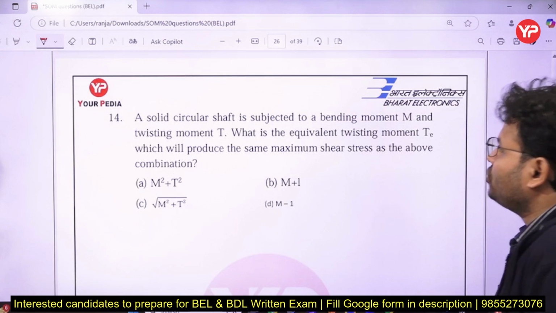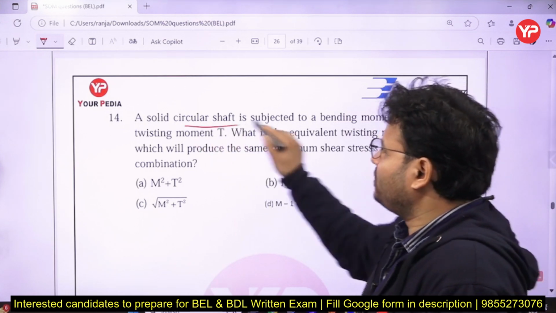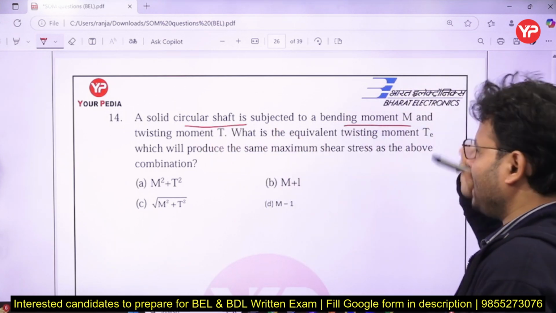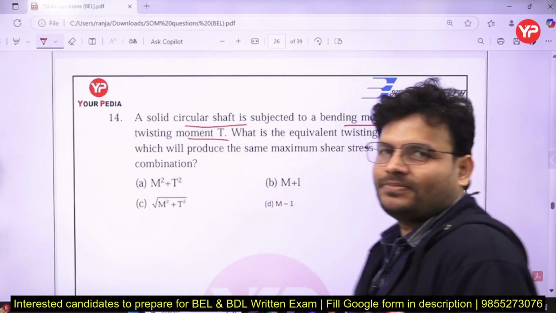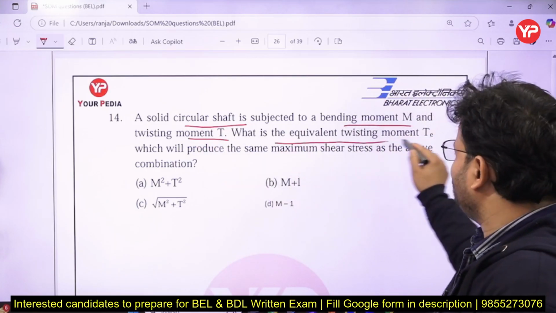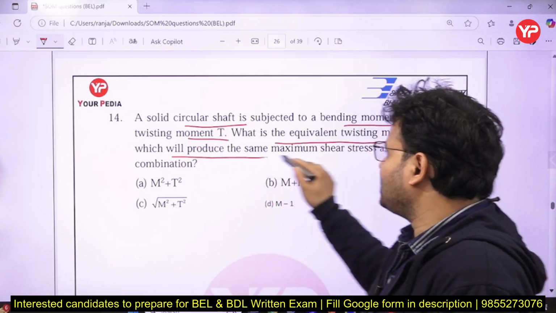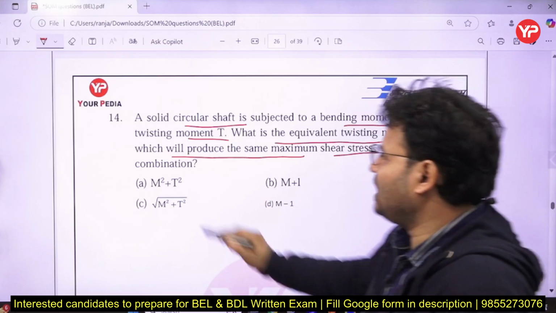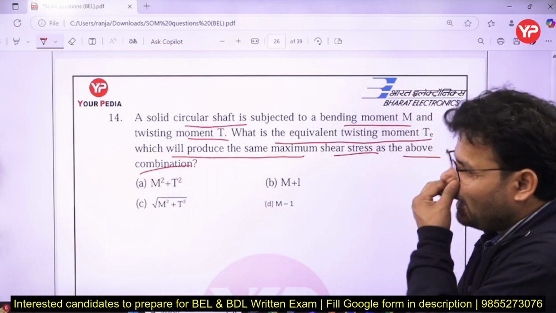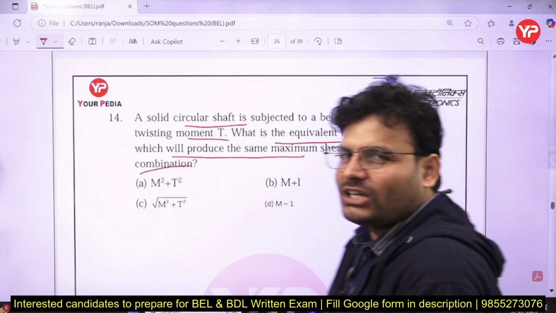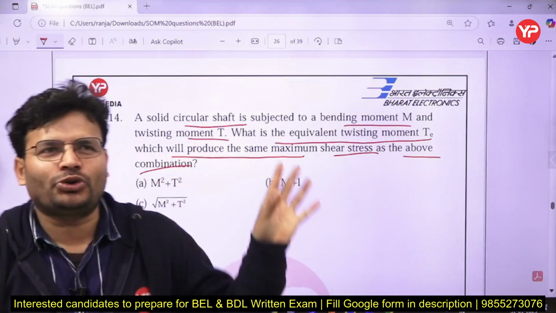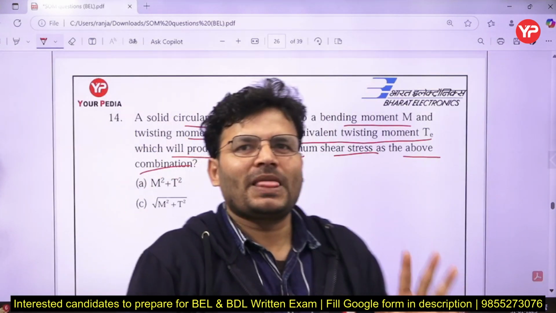Now this is the next question. A solid circular shaft is subjected to bending moment M and twisting moment T. What is the equivalent twisting moment which will produce the same maximum shear stress as the above combination? So what can be the answer, my dear friends? In the class I usually prove that. Here I am not going to prove it, I am just going to give the answer, but it is important.